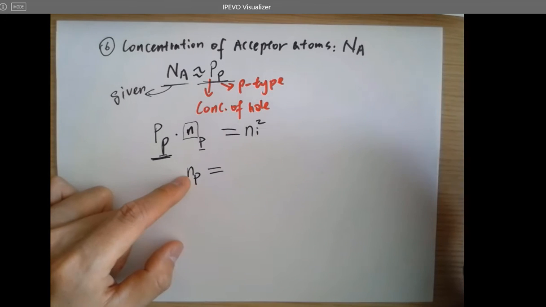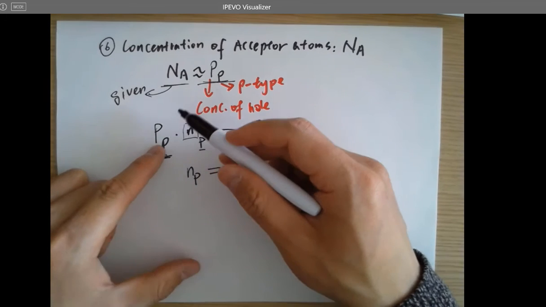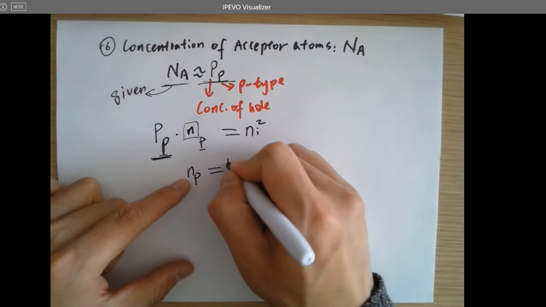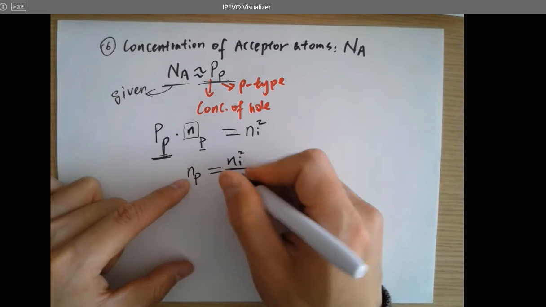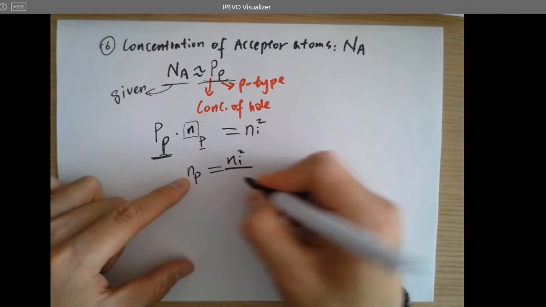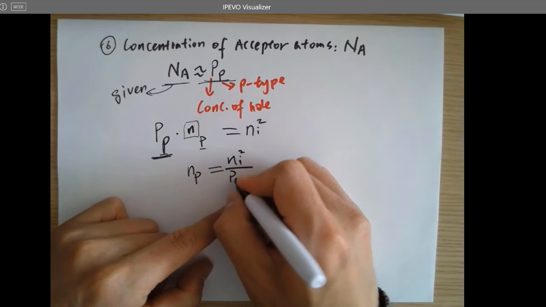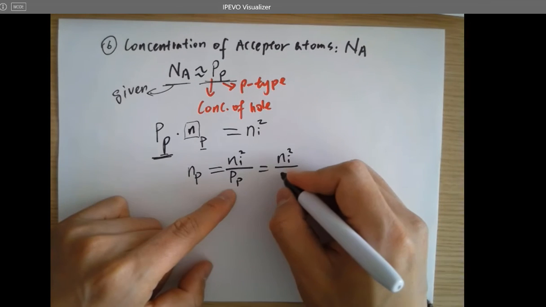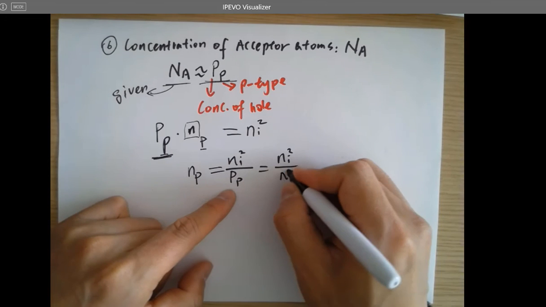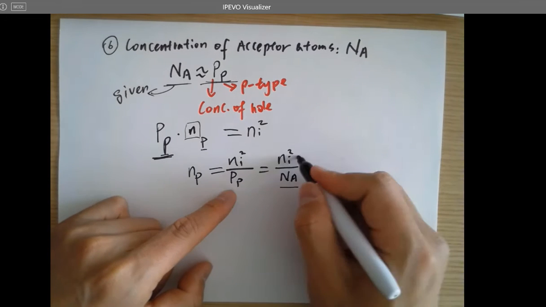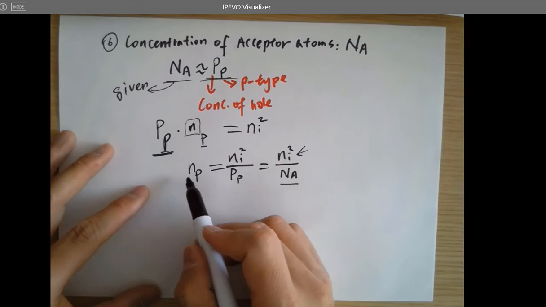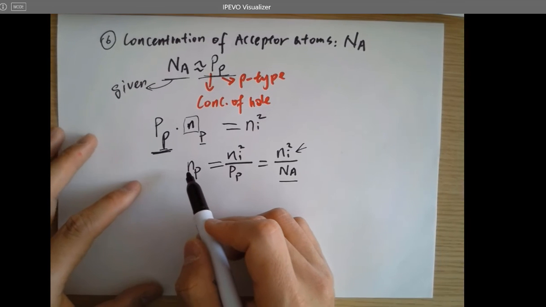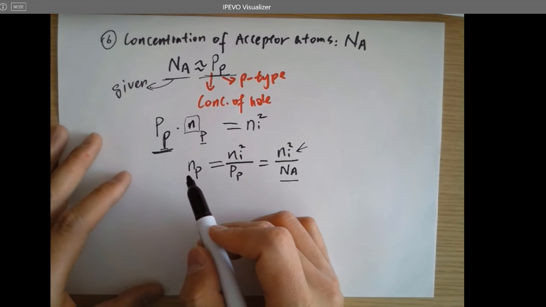It's minority, because there are a lot of holes here, having acceptors doped into the silicon. So Np equals Ni squared over Pp, or Ni squared over Na. And this is given. This is how to calculate the concentration of electrons in a p-type semiconductor. Okay.